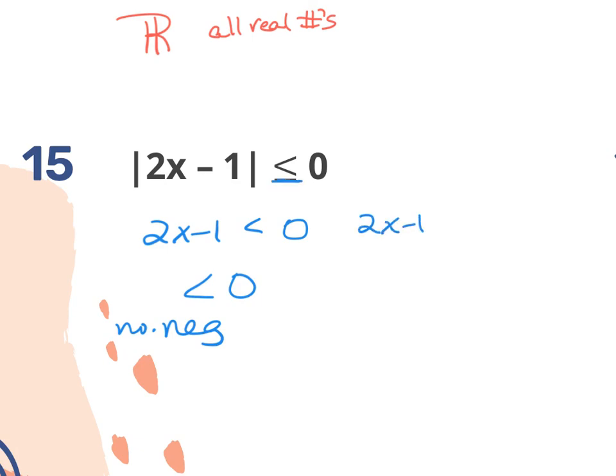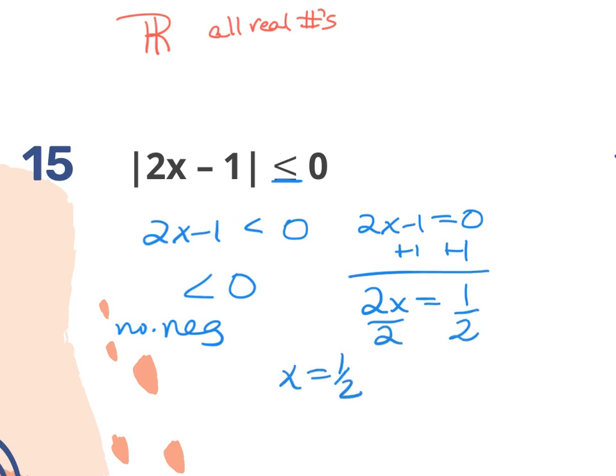So 2x minus 1 equals 0. Add 1. 2x equals 1. Divide by 2. And the only answer here is x equals 1/2. So the only thing that would make that absolute value inequality true is when x equals 1/2.